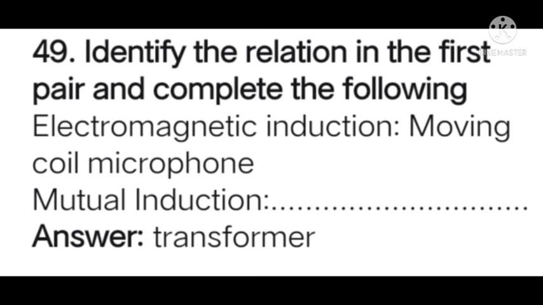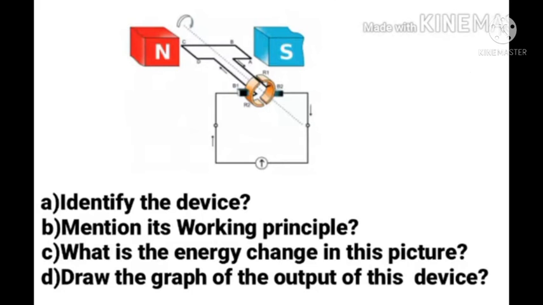Identify the relation in the first pair and complete the following. Electromagnetic induction, moving coil microphone. Mutual induction, transformer. The moving coil microphone works on the principle of electromagnetic induction. Transformer works on the principle of mutual induction. Identify the device. DC generator.